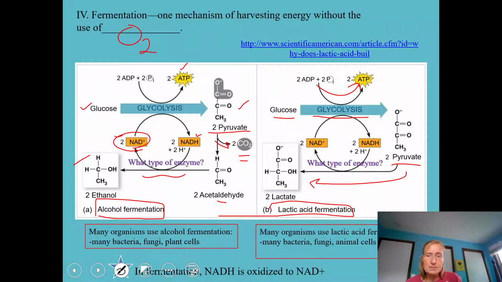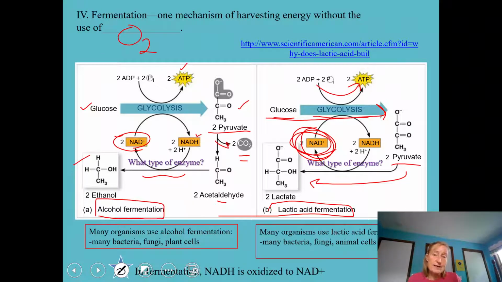This is happening in the muscles, and a dehydrogenase enzyme makes this happen. What that does is it regenerates NAD plus again, so that more fermentation can take place. The lactic acid produced in the muscle cells is shipped off to the liver, where it's reconverted into pyruvate.